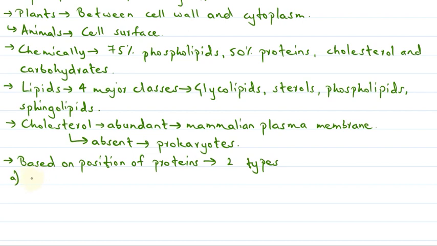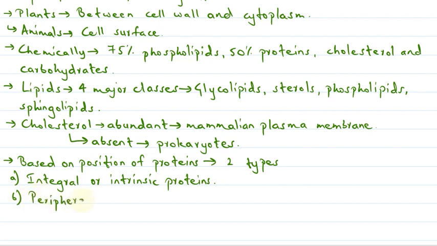One is the integral or the intrinsic proteins, and the other one is called the peripheral or extrinsic proteins. Okay, so these are two types of proteins based on the position of the proteins.